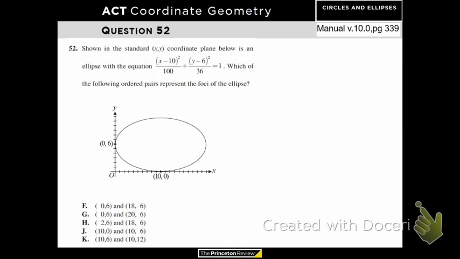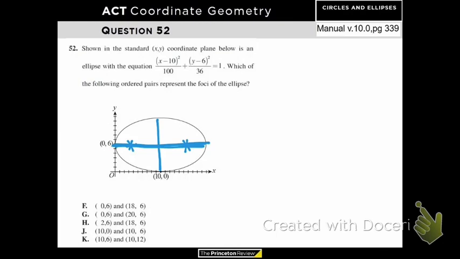So we didn't really talk about foci, but foci are points that are always inside of the ellipse. They're always on the longer axis. So if I just draw on here, these are the 2 axes of an ellipse. This one going horizontal here is longer in this ellipse. And so I know that my foci are always going to be somewhere inside the ellipse on that longer axis.